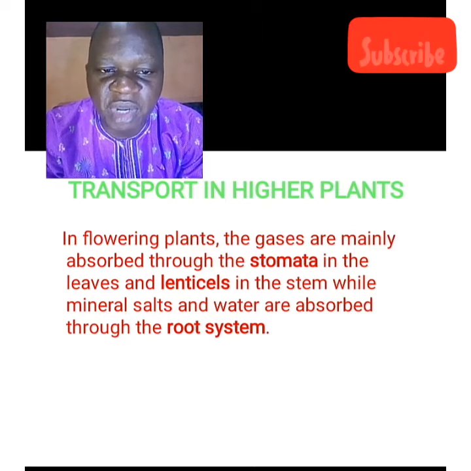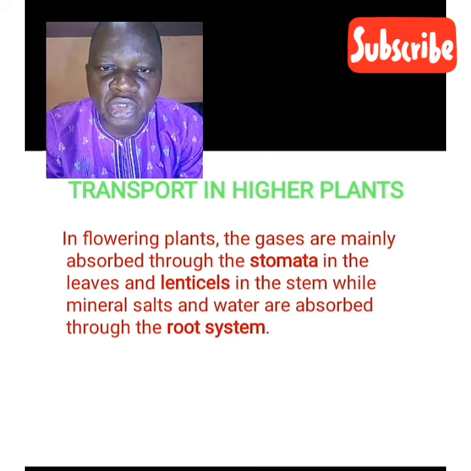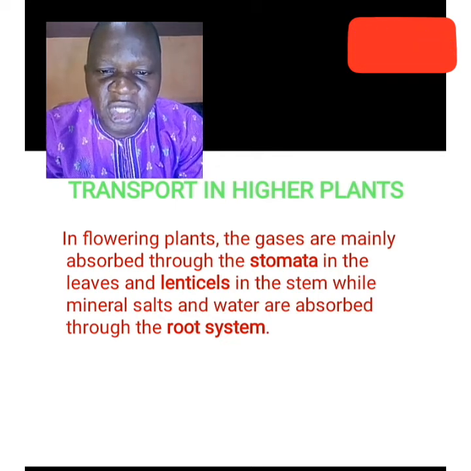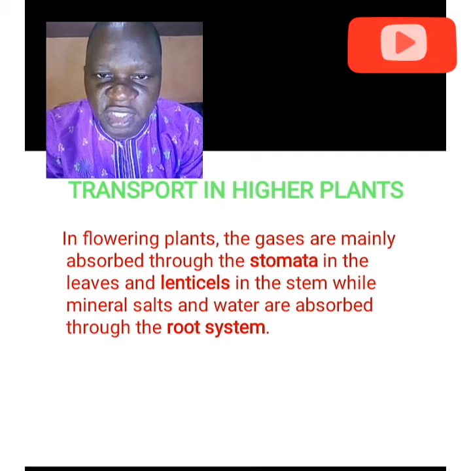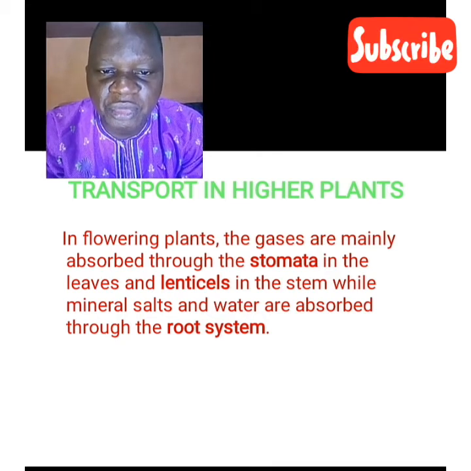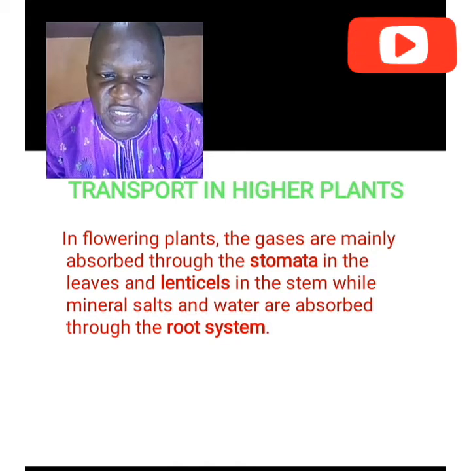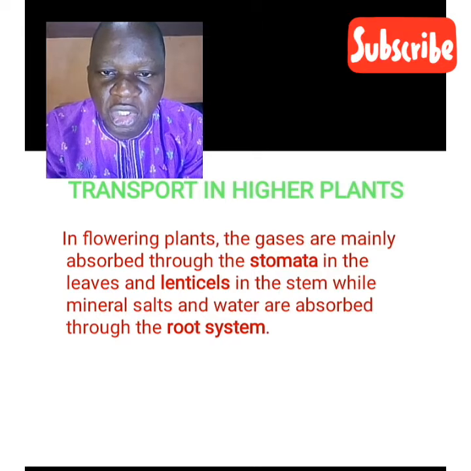So in flowering plant, the gases are mainly absorbed through the stomata in the leaves and lenticels in the stem. The stomata is present in the leaf, lenticel in the stem, and they help in absorption of gases, while mineral salts and water are absorbed through the root system.